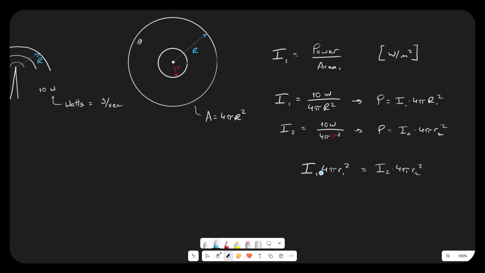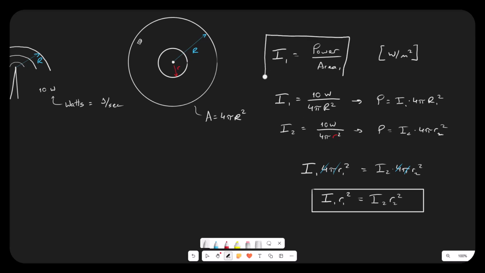I can cancel my 4 pi's, they really don't matter much, and I have this nice equation that relates my intensities. And it's an easy one to work with. So I have my intensity is power over area, and then I1 r1 squared equals I2 r2 squared.